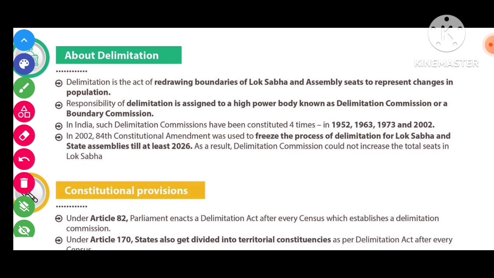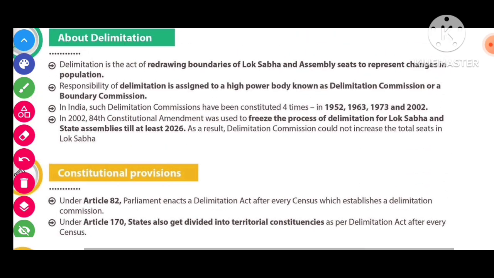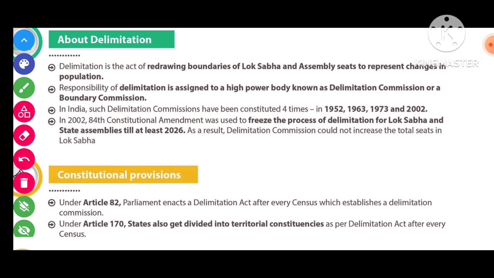And in 2002, the 84th Constitutional Amendment was used to freeze the process of delimitation for Lok Sabha and State Assembly till at least June 2026. As a result, the delimitation commission could not increase the total seats in Lok Sabha. So it would be revised in 2026, you can remember.